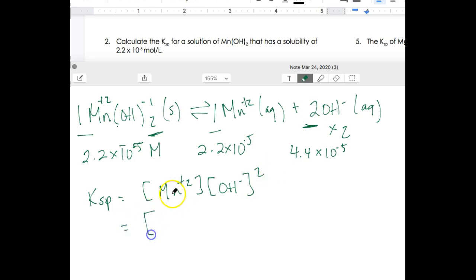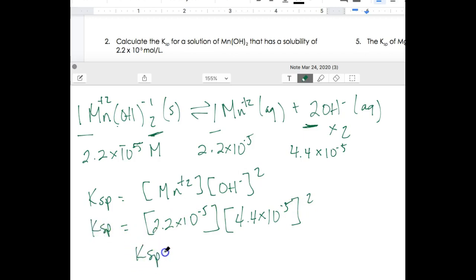So when you substitute Mn, you're going to get 2.2 times 10 to the negative 5. And then when you substitute hydroxide, you're going to put 4.4 times 10 to the negative 5 to the 2nd power. Now, when you do the math in your calculator, you're going to get 4.26 times 10 to the negative 14.